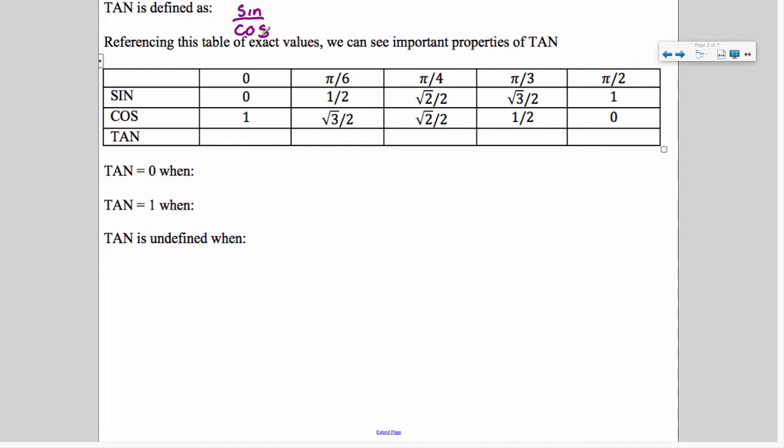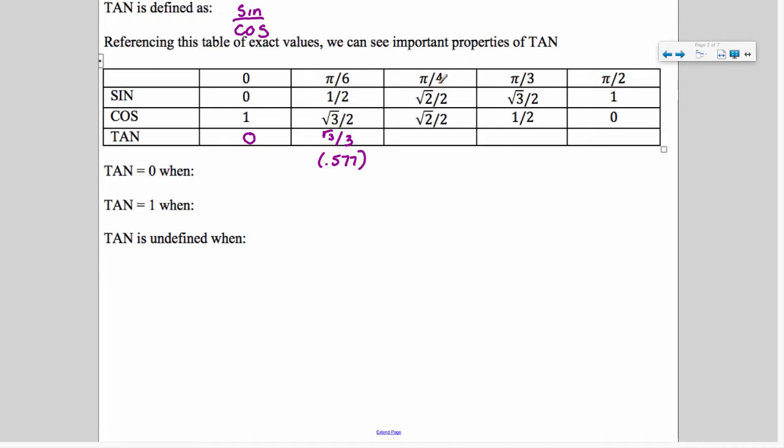When you take 0 over 1, you're going to get 0. 1/2 divided by radical 3 over 2 turns out to be radical 3 over 3, and that's roughly this. Of course, it's a non-ending decimal, right?